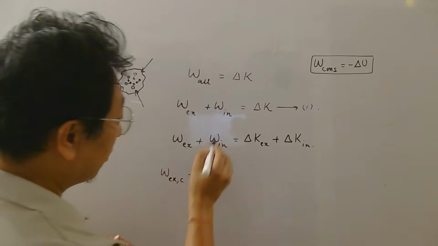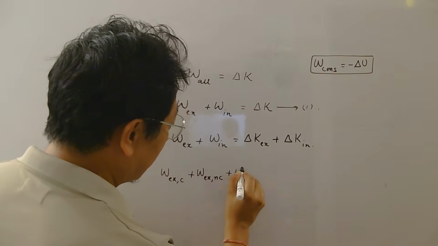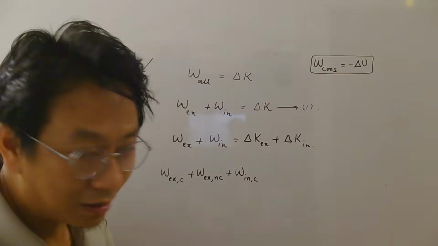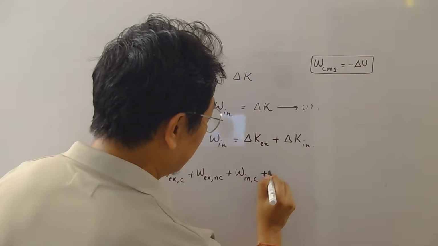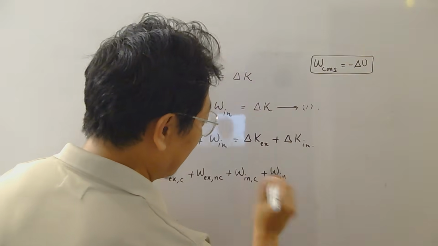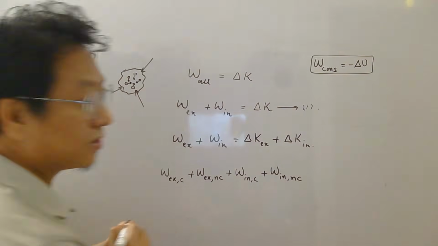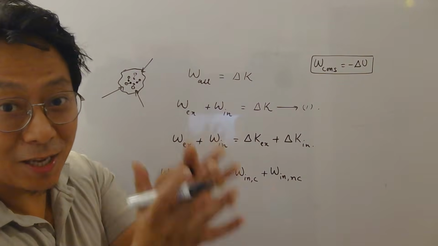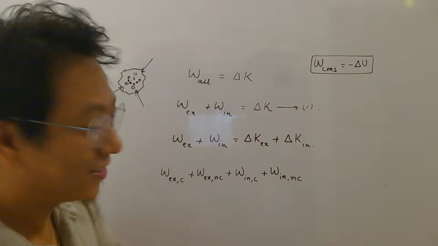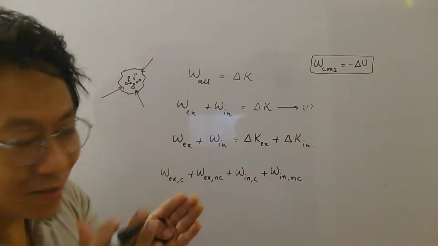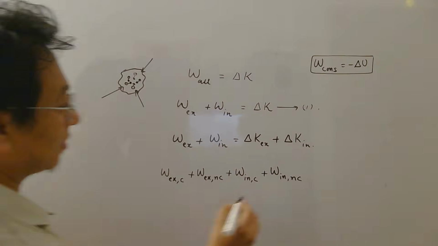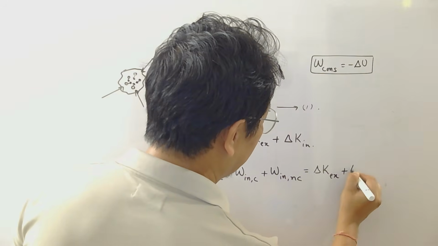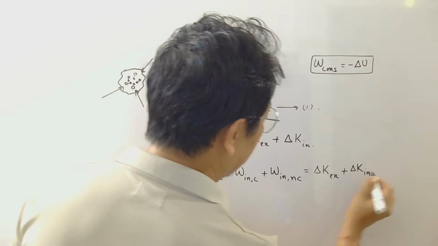Similarly, work done by internal forces can also be divided into work done by internal conservative forces, which could be electrostatic force, for example, and work done by internal non-conservative forces, which could be viscous force between the fluids. If you consider, let's say, the human body as a system, there will be fluids inside and the viscous forces will be non-conservative. So that would be equal to change in kinetic energy external plus change in kinetic energy internal.